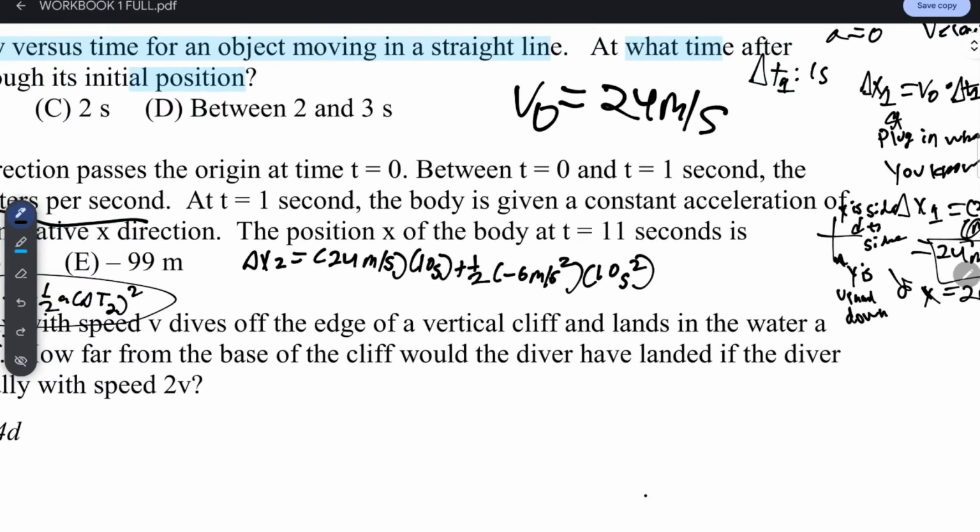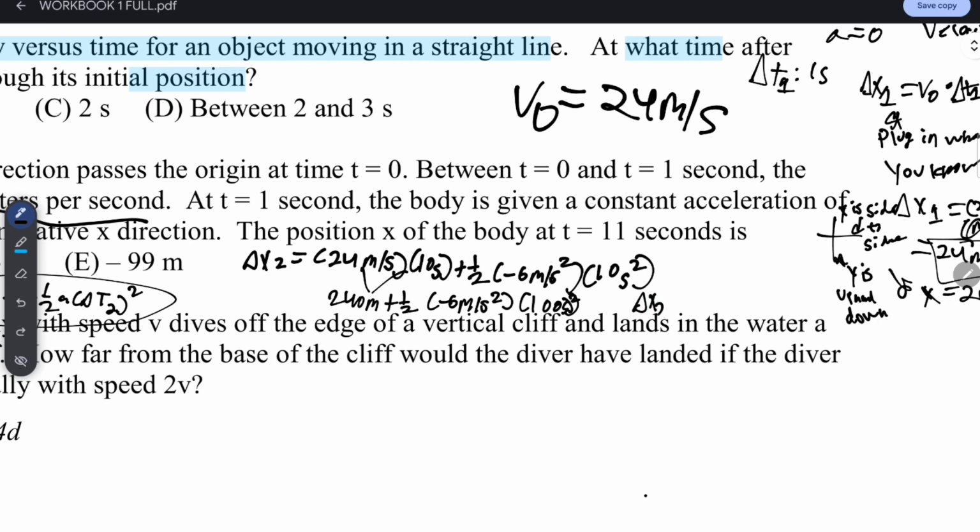Then when we do these, it's going to be 240 meters plus 1/2 times -6 meters per second squared times 100 seconds squared.